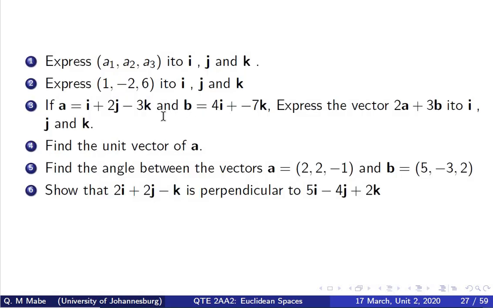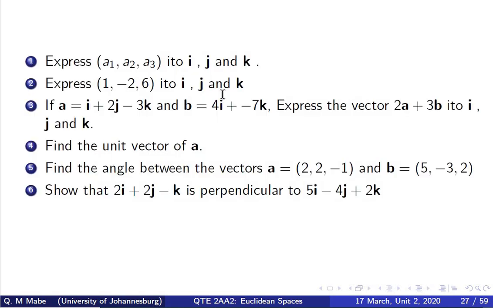And then the previous question was, if a and b are equal to this, express the vector 2a plus 3b in terms of i, j, and k. So what I did here, I simply substituted. a was given as this, and b was given as that.